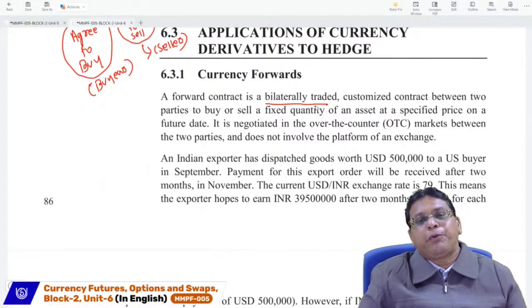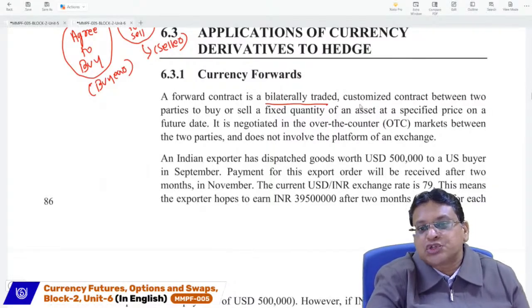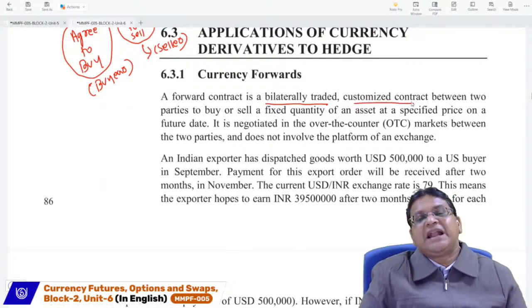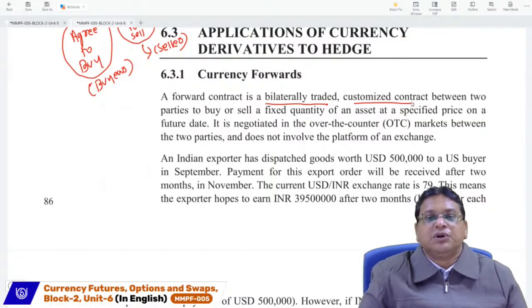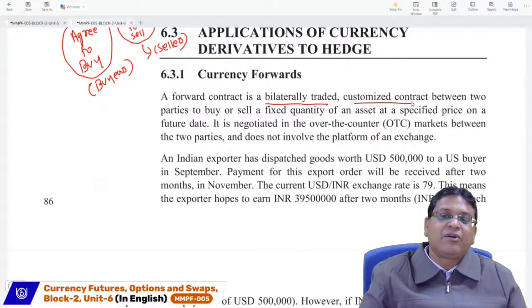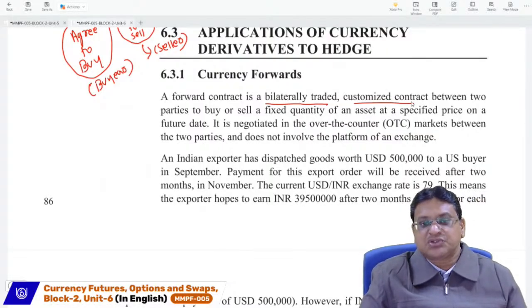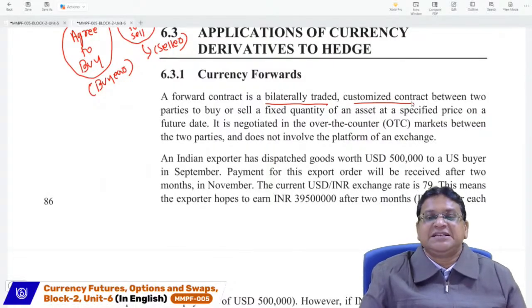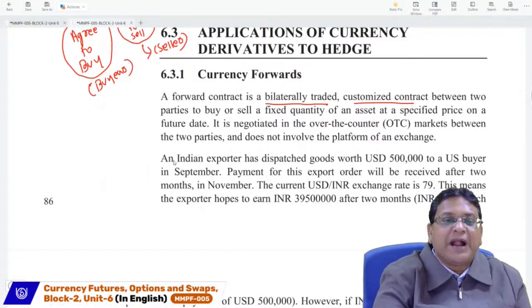Okay. The forward contracts are customized contracts. These are tailor-made contracts. The terms and conditions of forward contracts are decided between buyer and seller. No other party dictates the terms and conditions of a forward contract.